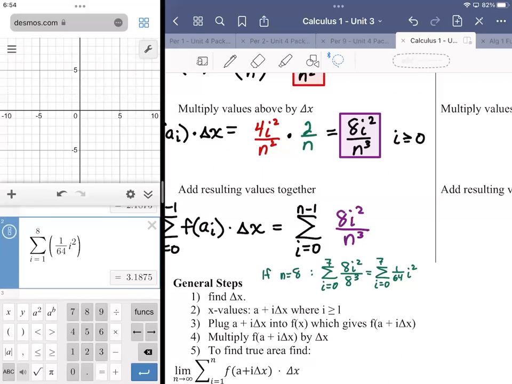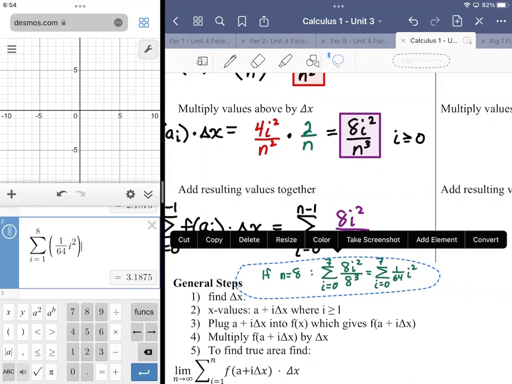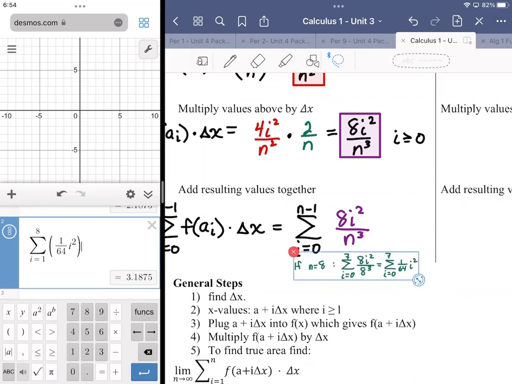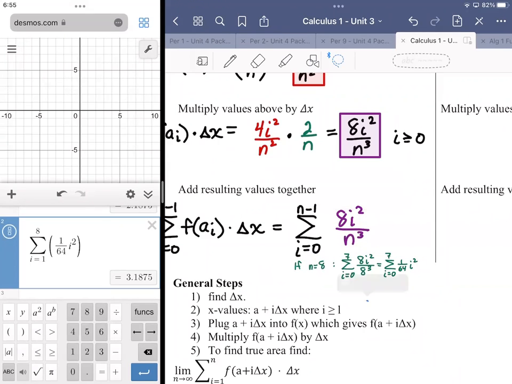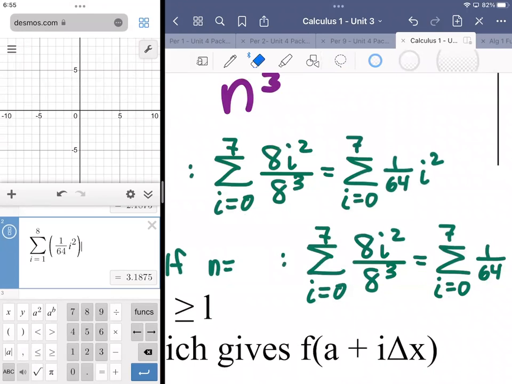So let's say, for example, if n was equal to, I'll do 1,000. I don't know if Desmos is going to let me do it, but I'm going to try. If n were equal to 1,000, it would be i equals 0 to 999.